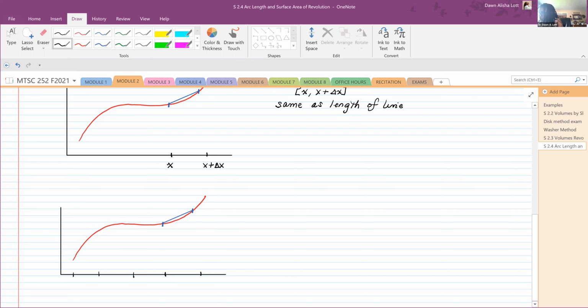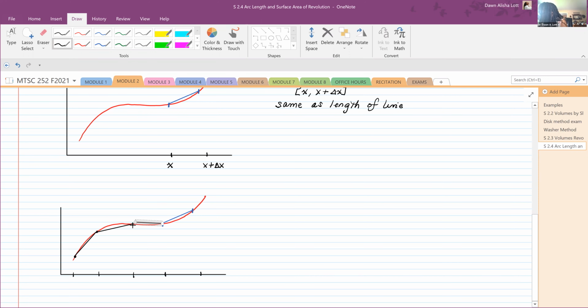On this piece from here to here, then from there to there, I'm going to have all these little lengths. So I have the length on this piece, then the length on this piece, and then the length on this piece.